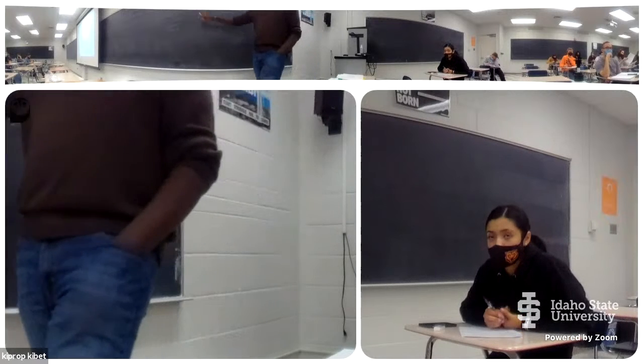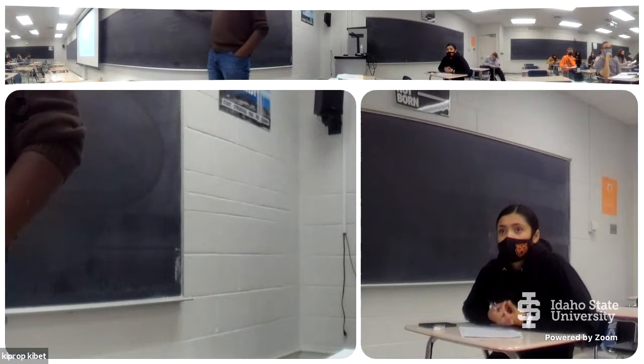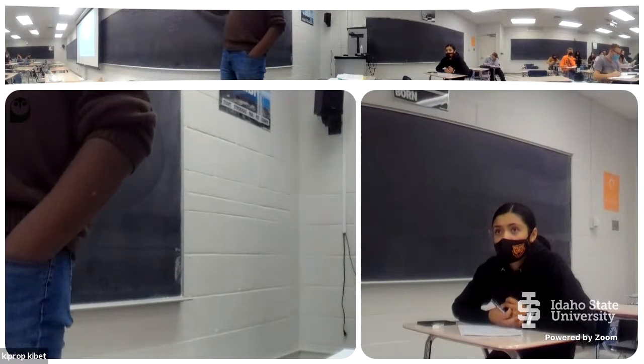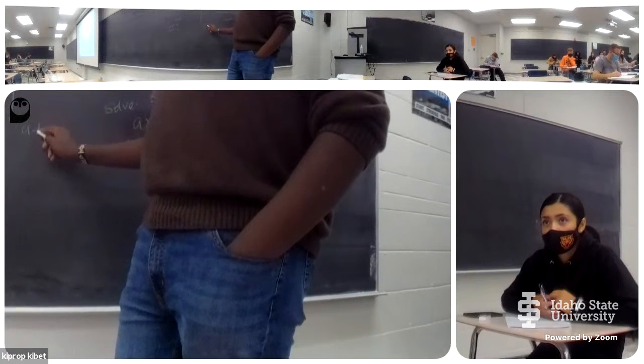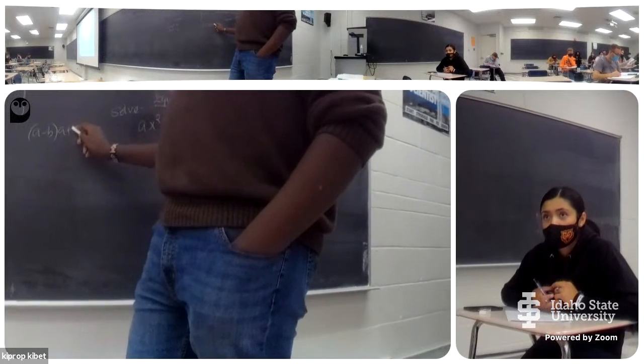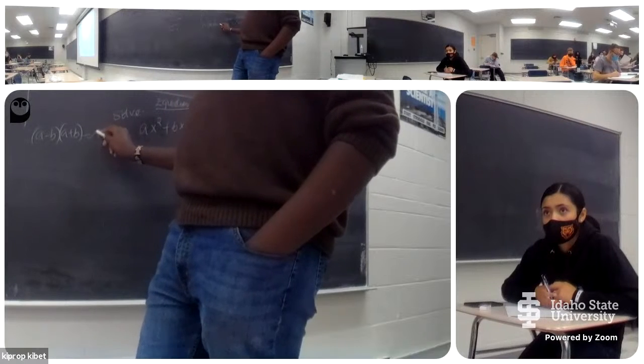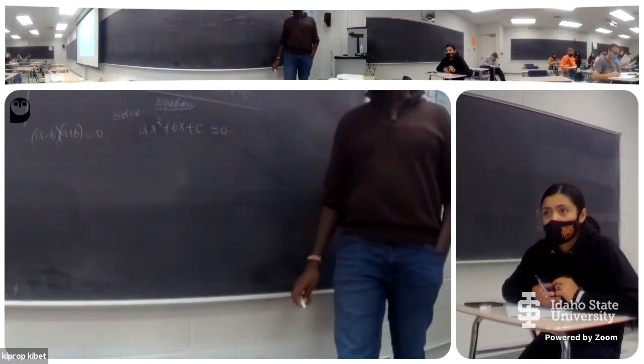Now, let's say you factorize this one completely, and you get these values: a minus b, a plus b, equals 0.